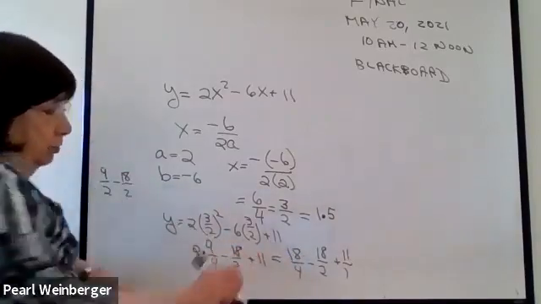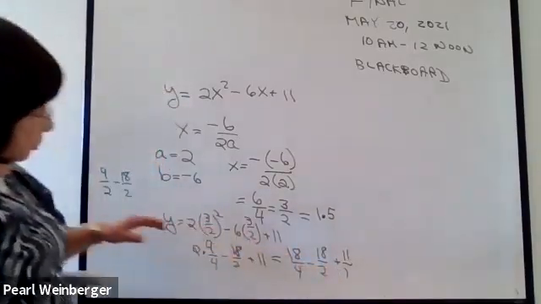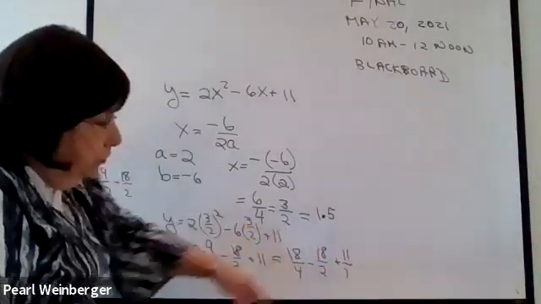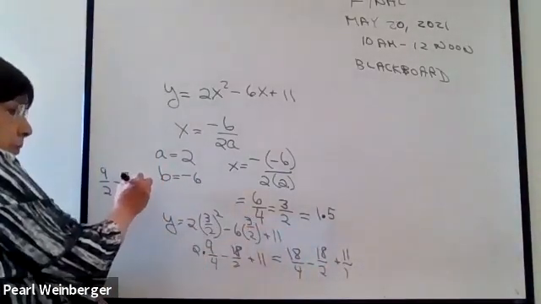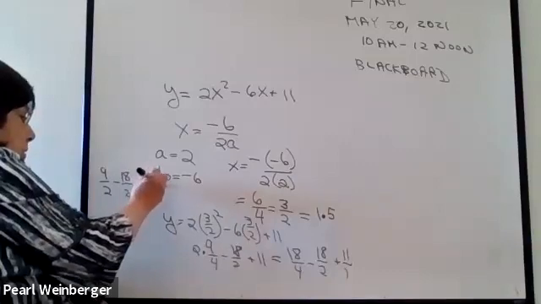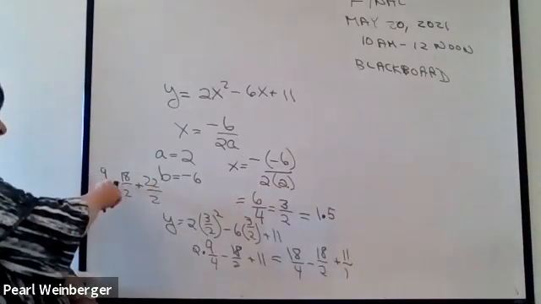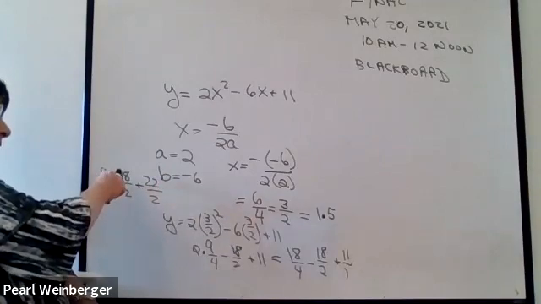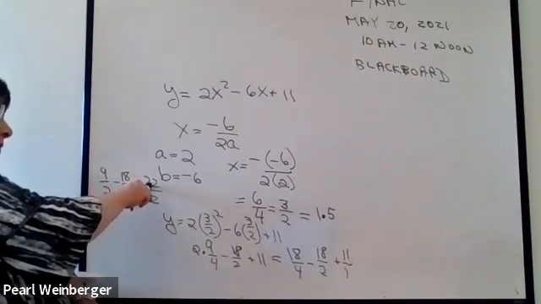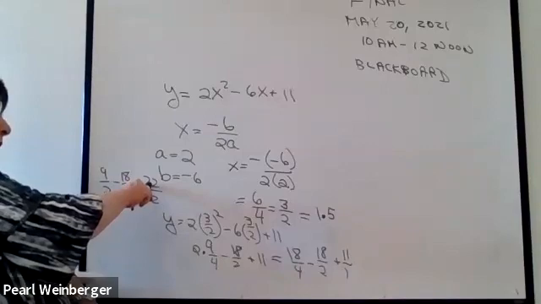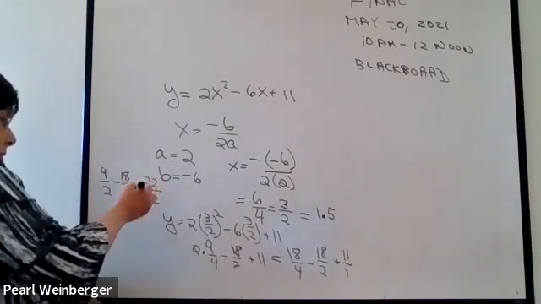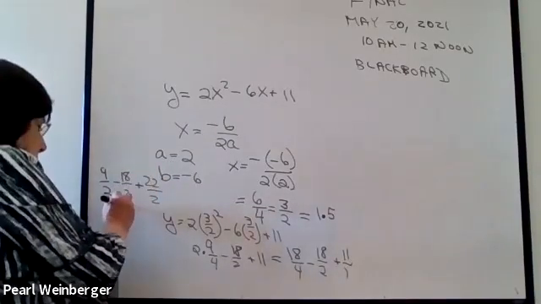And 11, I also want to put with a denominator of 2, so I have a common denominator. 11/1 is 22/2. And now I add the numerators. 9 minus 18 is -9. -9 plus 22 is 13/2.